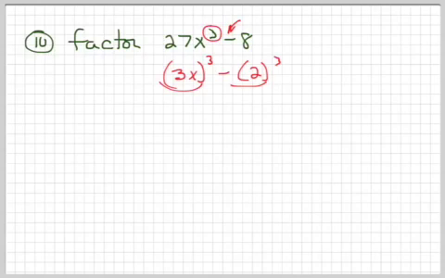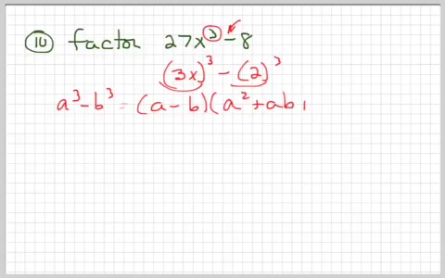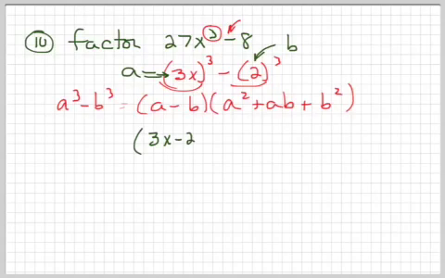And you have to remember the formula for a difference of cubes. A minus b times a squared plus ab plus b squared. And so now it's just a plug and chug problem. We go a minus b. A is the 3x in here, and b is the 2, so it's 3x minus 2.